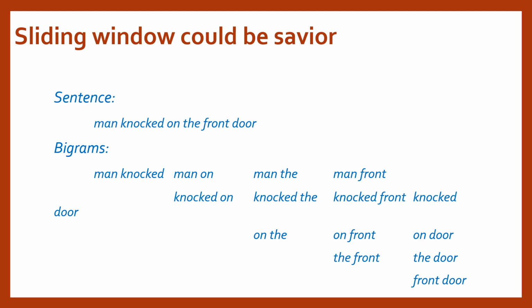You are going to consider only up to a certain distance. For example, if the sentence is like the man knocked on the front door of, let's say, my hotel room or something, then you are not going to consider perhaps the entire sentence. You want to fix the window size, and within that window you want to consider all the bigrams.